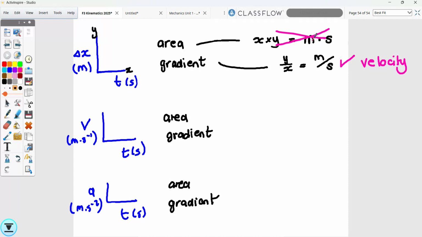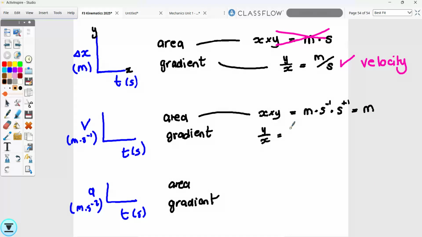So you can go and learn it, but if you forget in an exam, stress, I always say, makes your brain go all weird. Here, area again is x times y, gradient is y divided by x, so here it's going to be meters per second already, and now we're going to say let's times that by seconds, which means the plus 1 and minus 1 cancel each other, we end up with meters.